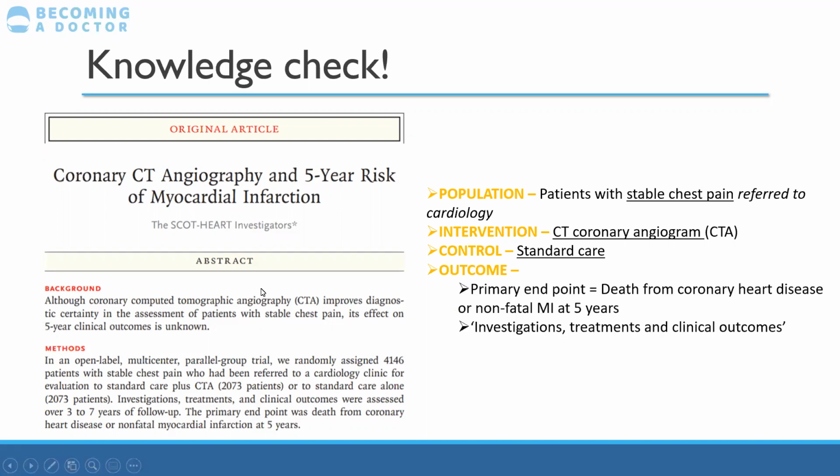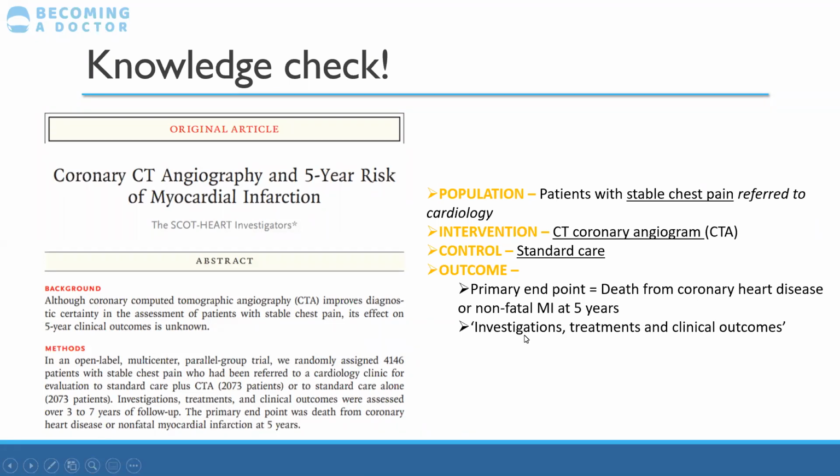And finally, which outcome is being assessed? So you're comparing these 2 populations and you want to know whether the CT coronary angiogram makes a difference. The main endpoint or the main outcome that you're assessing is death from coronary heart disease or non-fatal MI at 5 years.